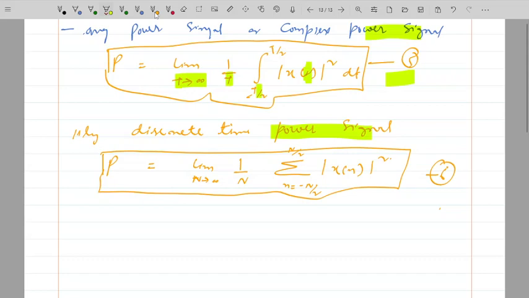So power P is the limit n approaches infinity of 1 by n, with the summation from minus n by 2 to n by 2 of the magnitude of x of n whole squared. So these are the three equations for power signals and three equations for energy signals.